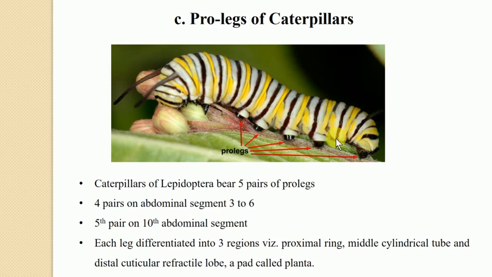So here in this diagram you can see the head region, then the thoracic region, with the thoracic legs, prothoracic, mesothoracic and metathoracic, and from this segment onward the abdomen. Here you can see that segments 3, 4 and 6 contain appendages which are referred to as prolegs, and a similar kind of appendage is also present on the 10th abdominal segment.